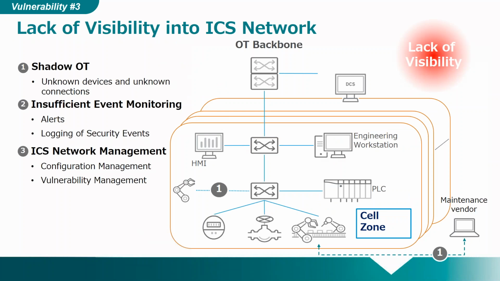And the third thing we really see is a lack of visibility. We talked about shadow OT and insufficient event monitoring, whether that's setting up alerts such as a firewall rule that's being violated. You want to know that that's happening before that hacker is successful at getting through.